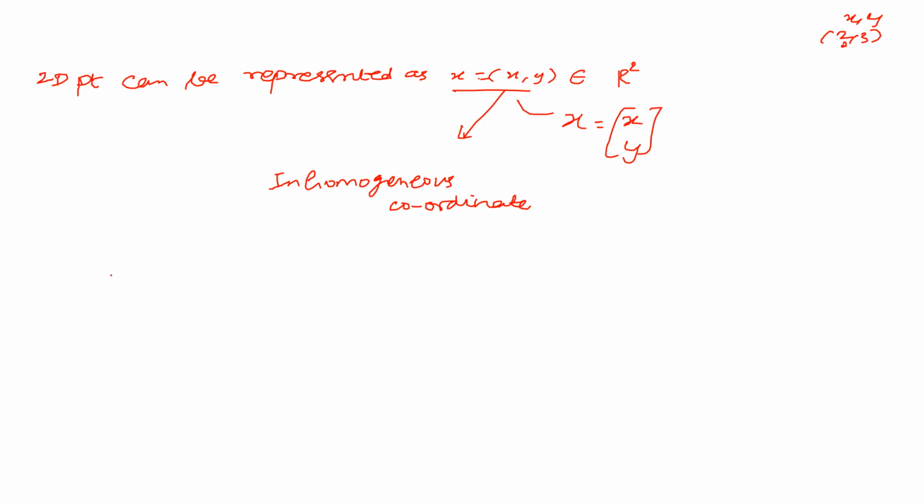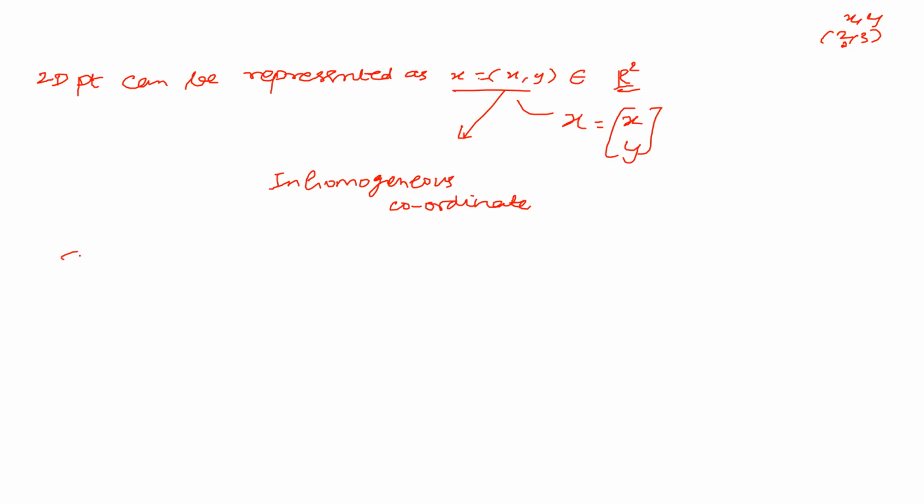We have to convert this inhomogeneous coordinate into a homogeneous coordinate in the case of projective space. R is real space, P is projective space. Projective space means we can represent any point or line in a camera angle.